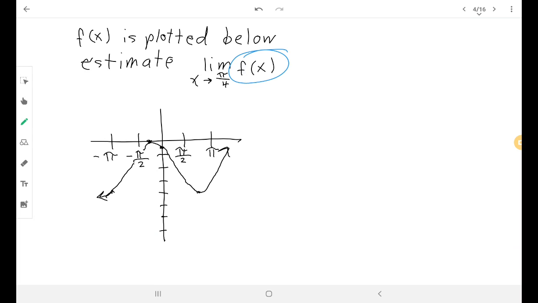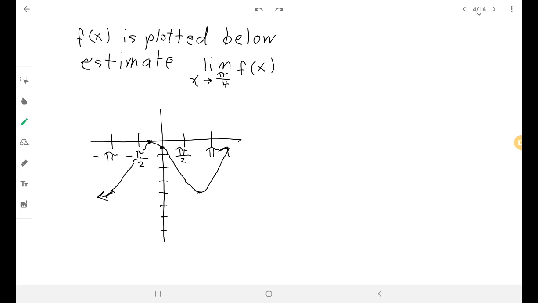And we've got some function f of x that is graphed. And we want to estimate the limit as x goes to pi over 4 radians, which would be halfway between 0 and pi over 2. So we're going to have to think about that value here.